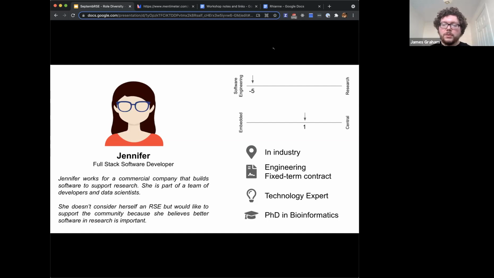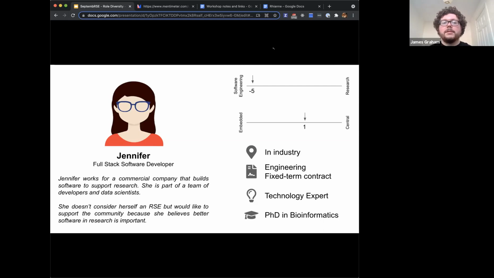She's looking to support a community, both because that is what the profile says she thinks is important. She thinks it's important to have good quality software in research. But also her role in the company, it's likely to be quite important that she interacts with the researchers who that product is for, which may or may not be part of our community.